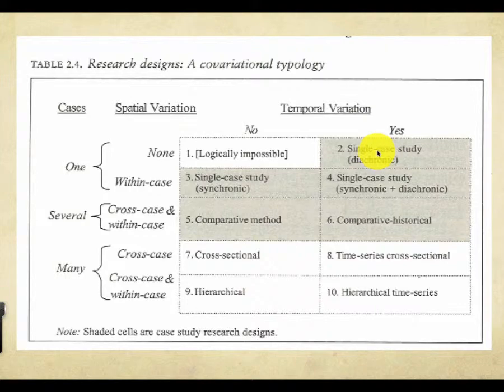Now, one way in which social scientists cut through all this complexity and obstacles towards explaining is by talking about research designs. The idea of research design is essentially you differentiate the type of explanations in terms of how they select evidence.